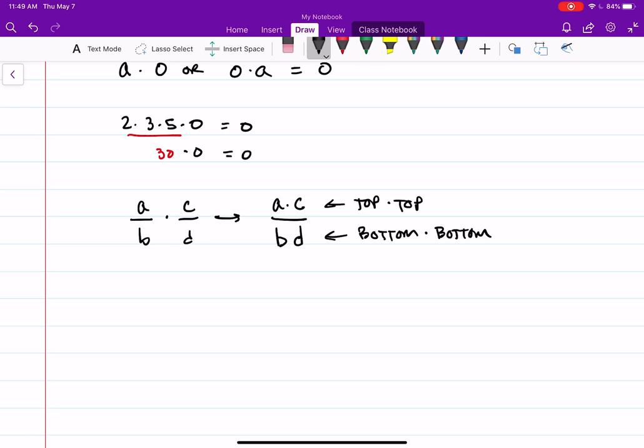Now, you always want to see if you can simplify or not. So I'm going to put down here, don't forget to simplify.